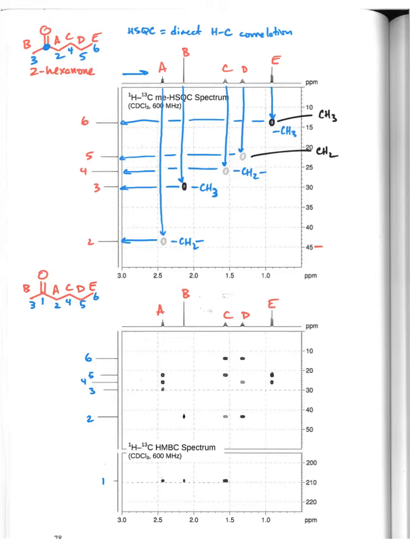So what I want to do is make a table here. We're going to read the spectrum. Again, we're going to read the proton projection from left to right, so we're going to start reading this way. We hit peak assignment A first, then we read down. We see that this is going to be A5.